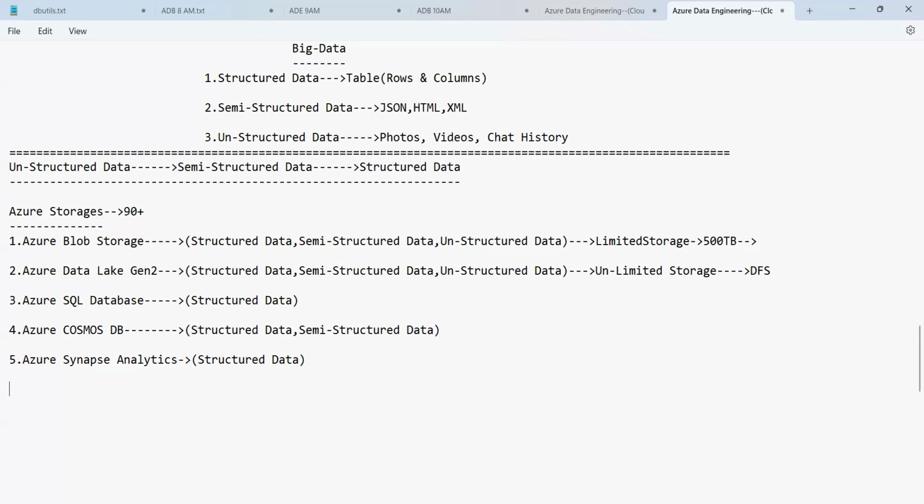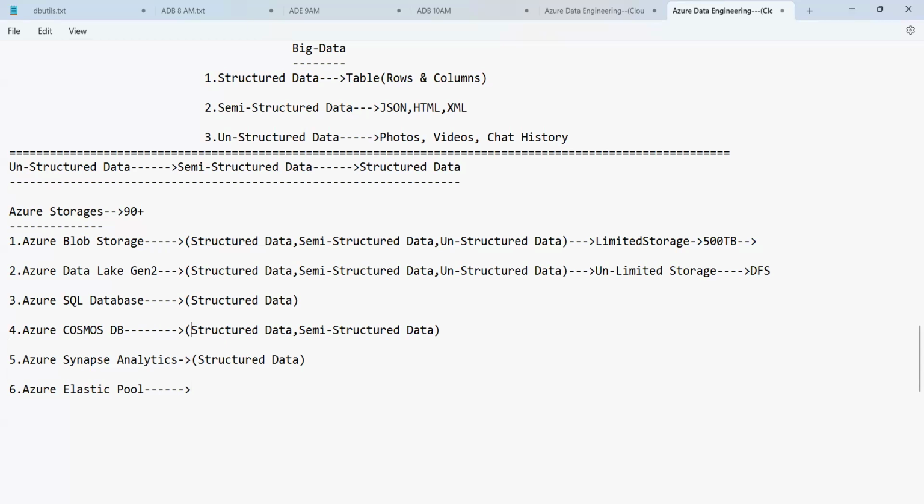Like the sixth one, I can say, Azure Elastic Pool. So what is Azure Elastic Pool? It is nothing but a group of databases.